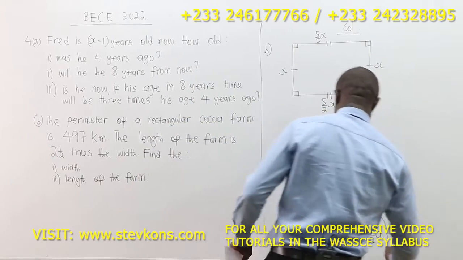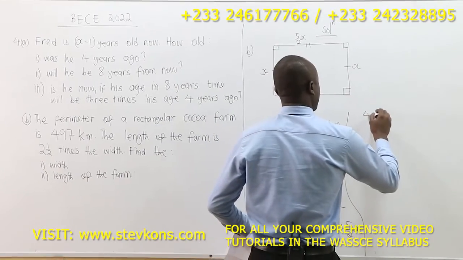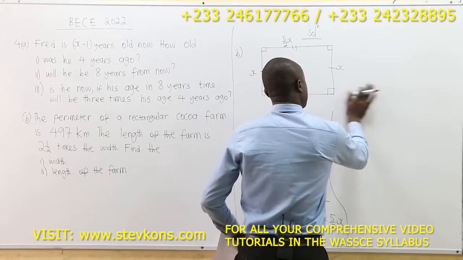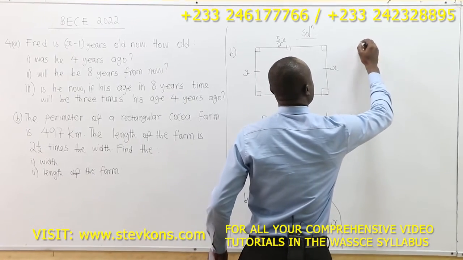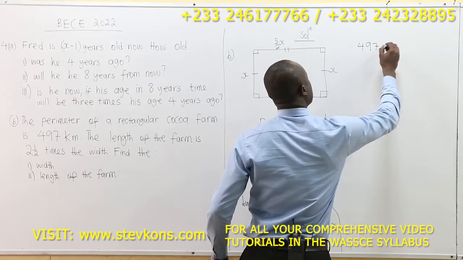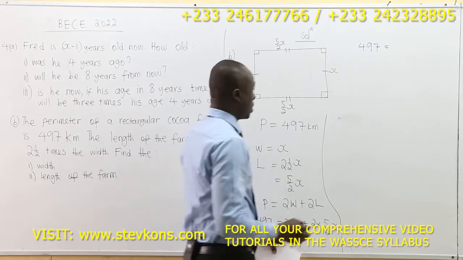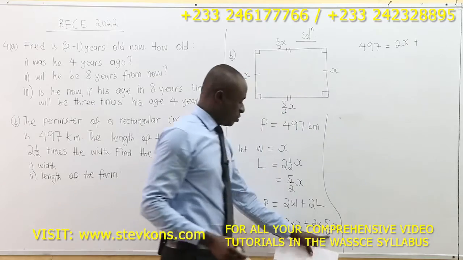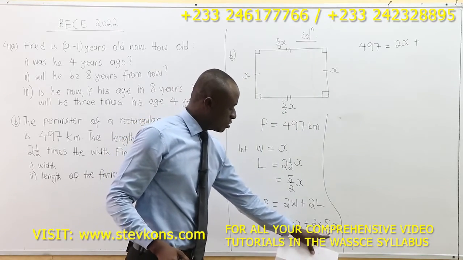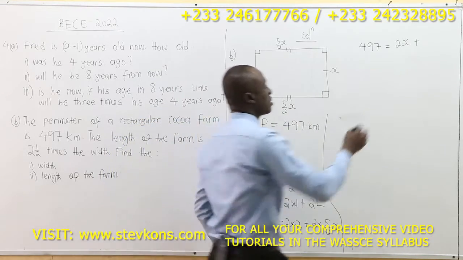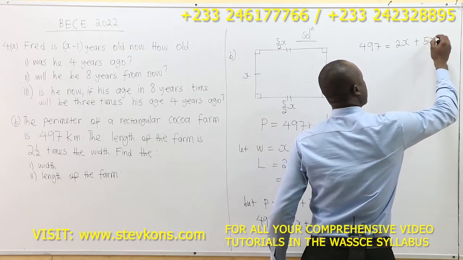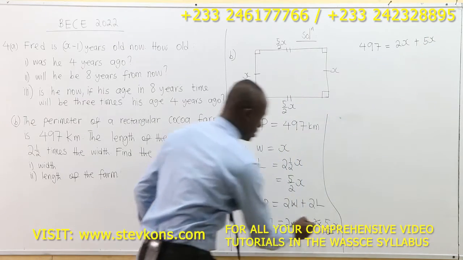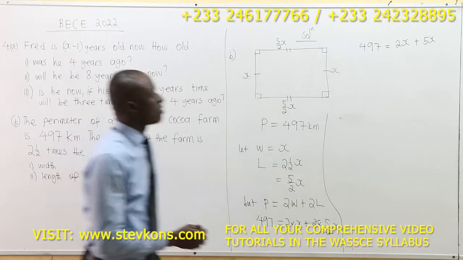Now from here, we have 497 equal to 2 times X, which is 2X, plus 2 will cancel this 2, 5 times X, and that is 5X.